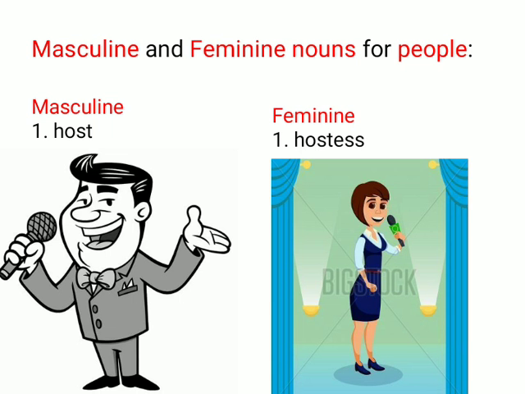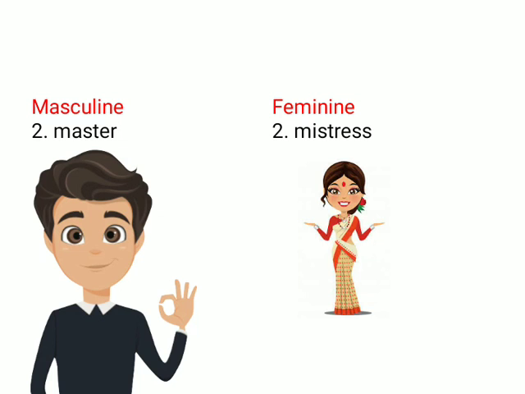Masculine and feminine nouns. The first one is host. What is the feminine gender for the host is hostess. Next, master. What is the feminine gender for master is mistress. Next, poet.